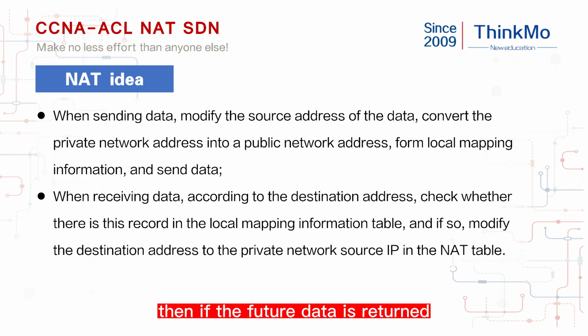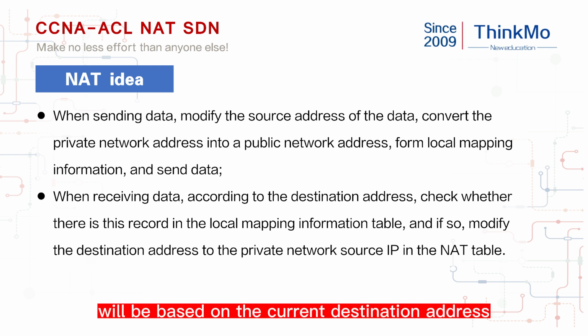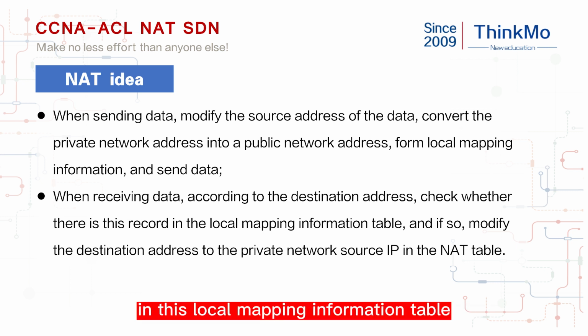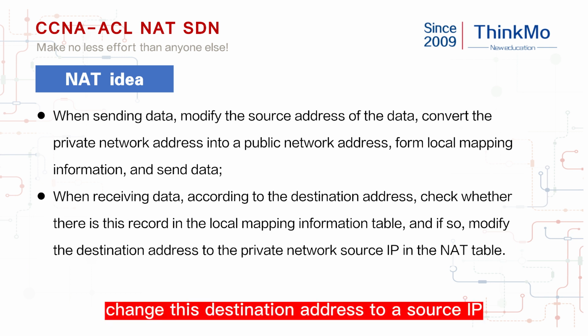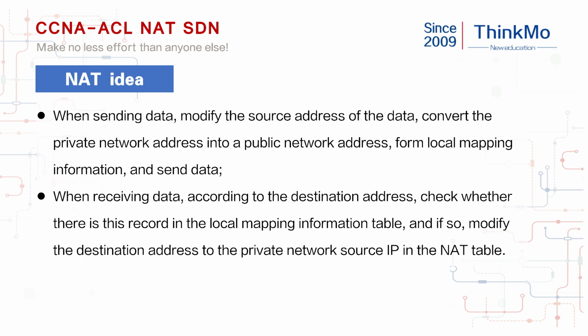Then when data is returned, I check the destination address against this local mapping table to see if there is a record. If so, I convert the address back, changing the destination address to the private source IP in the NAT table. This is the idea of NAT.